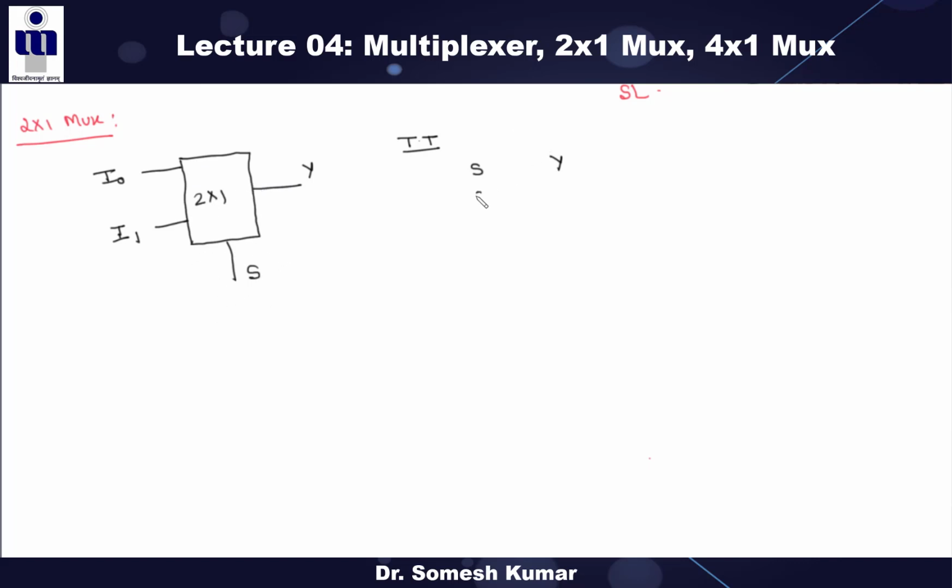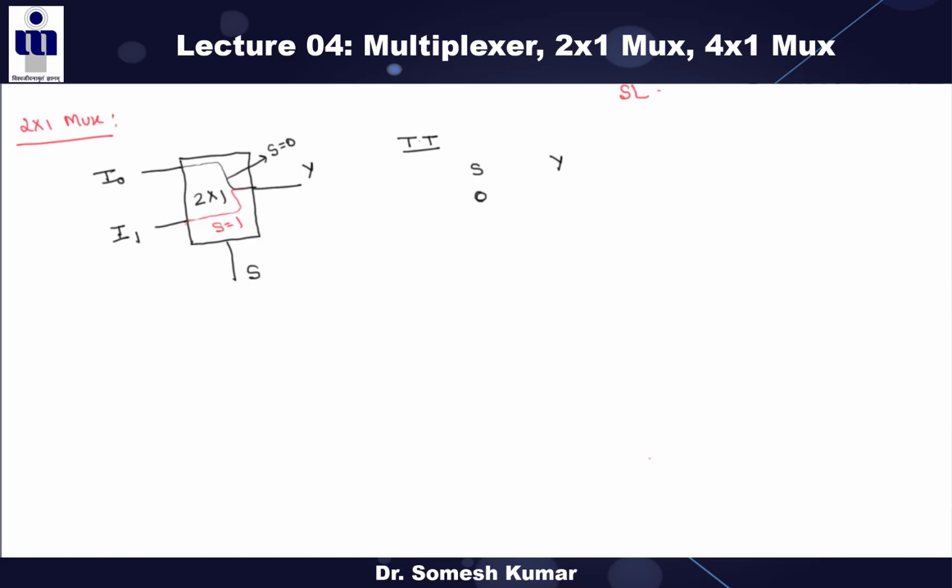So if the select line S is 0, then this I0 is propagated to the Y, right? For S is 0. Clear? And for S is 1, this I1 is propagated to the output, right?